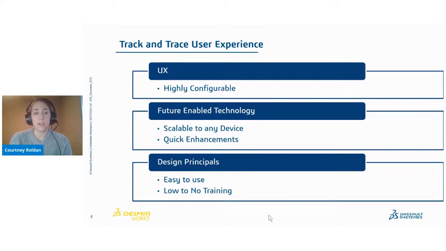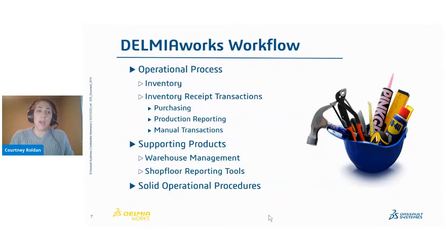Like I said earlier, it is scalable to any device that can access Google Chrome, which allows you to access this information from anywhere at any time. And again, we put a lot of research into this product to make sure that the design is very easy to use and will allow you to get your users up and running with little to no training.